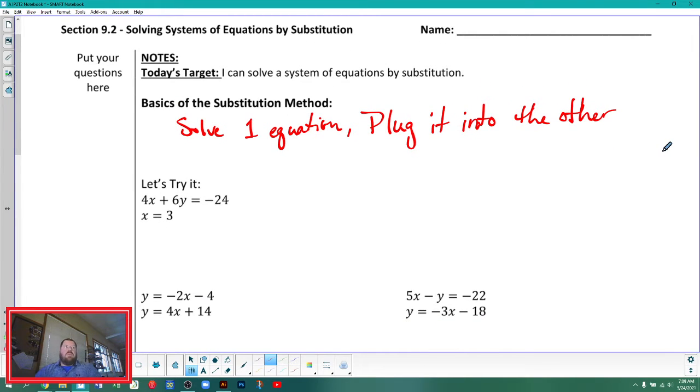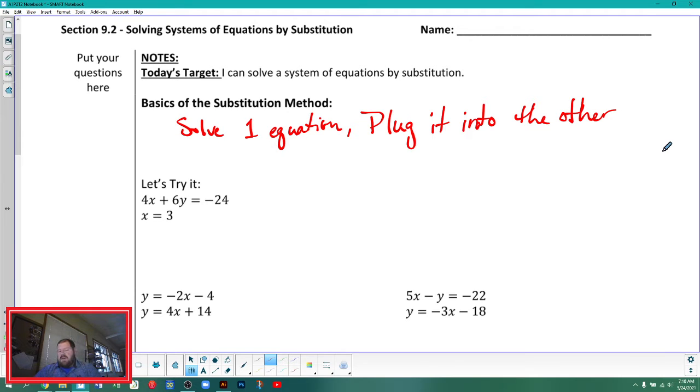So basically what we're going to be doing is solving one of the equations for one of the variables and saying that since, let's say we solve it for x, x equals some expression in terms of y, when we put that in for x into the other equation, we're solving for y, and then in the end, we're going to solve for x. So let's go ahead and take a look at it, though.